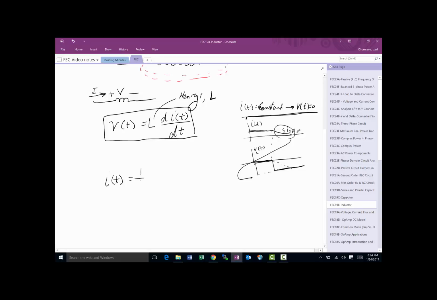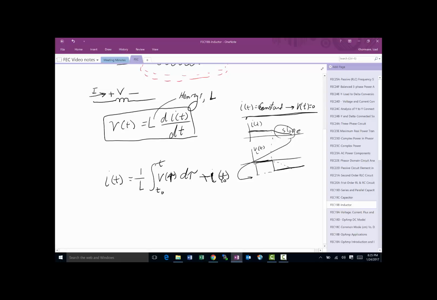So we'll have 1/L times the integral of voltage, usually changing the variable to tau, d tau, and this goes from an initial time, sometime when we start tracking it, to the present time, or the time you want to find out what the current is. Now you also have to add to this an initial condition.